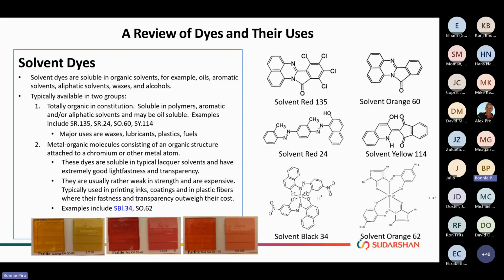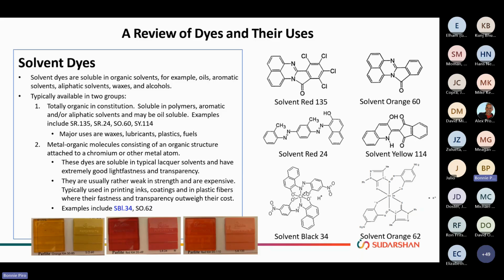And then lastly, one of the better known solvent dyes that are typically used in plastic applications. These are always going to be soluble in the polymers as well as other solvent-based areas. They're soluble, so they will dissolve 100%, so they are completely transparent.